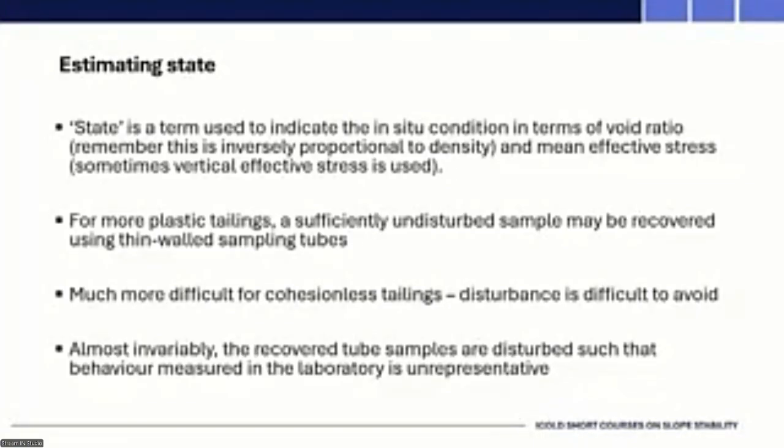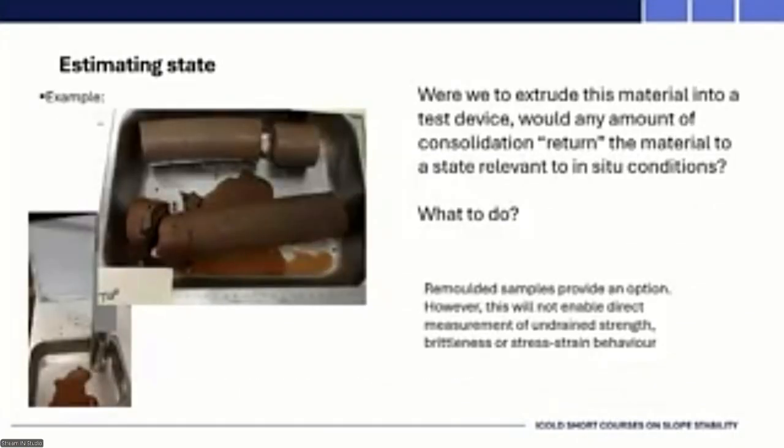Much more difficult, as we've seen already, with cohesionless tailings, silty sand tailings, sandy tailings, etc. It's a real challenge to get that. Because we disturb the tube samples, what we get back in the laboratories changes the density, void ratio, etc. But there may be a way around this to some extent.